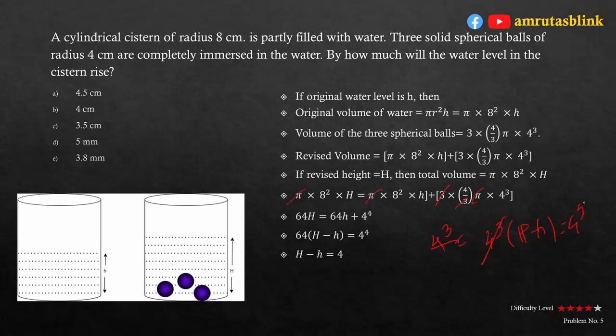Hence 4 cube and this 4 raised to 4 get cancelled, there will be just 4. So capital H minus small h is equal to 4, and hence the amount by which the water level will rise in the cistern is just 4 centimeter, which is answer option B. Therefore the increase in the height is 4 centimeter, which is answer option B.